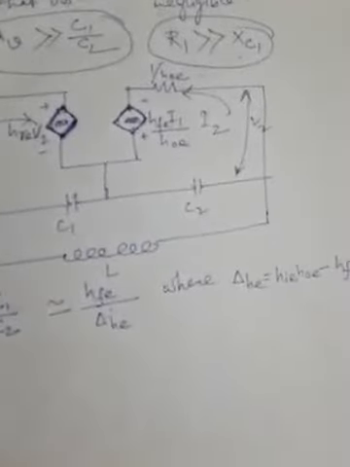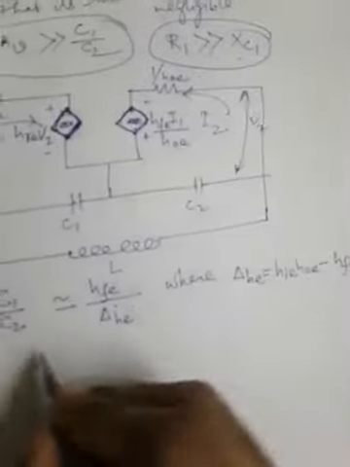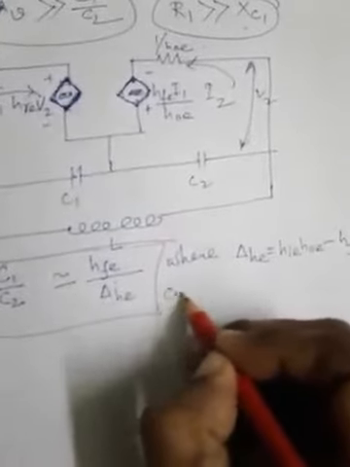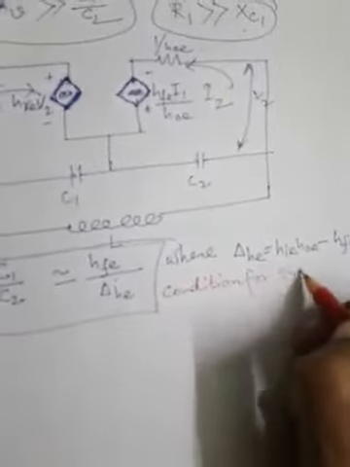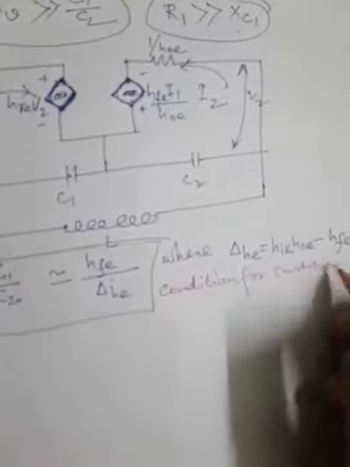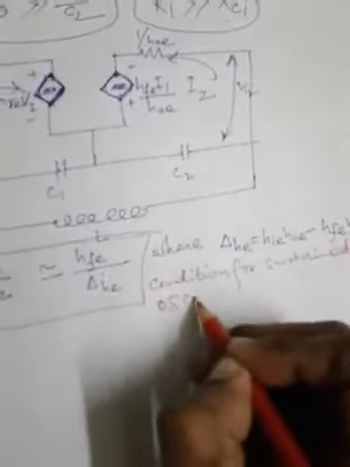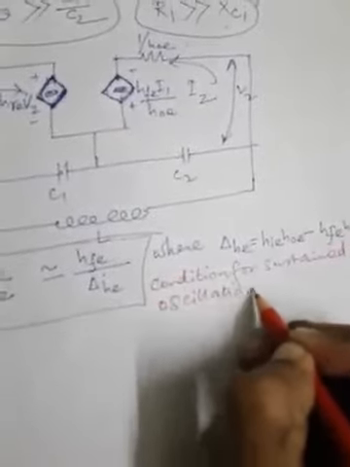This equation gives the condition: C1 by C2 approximately hfe by del he is the condition for sustained oscillation in the case of the Colpitts oscillator.